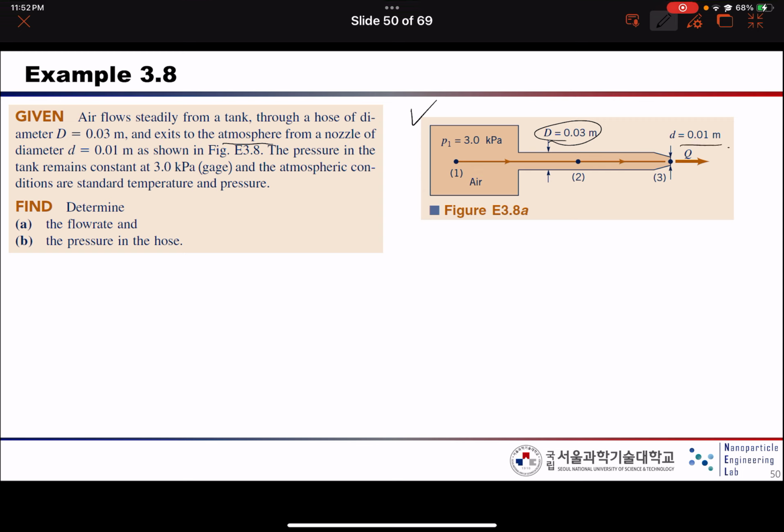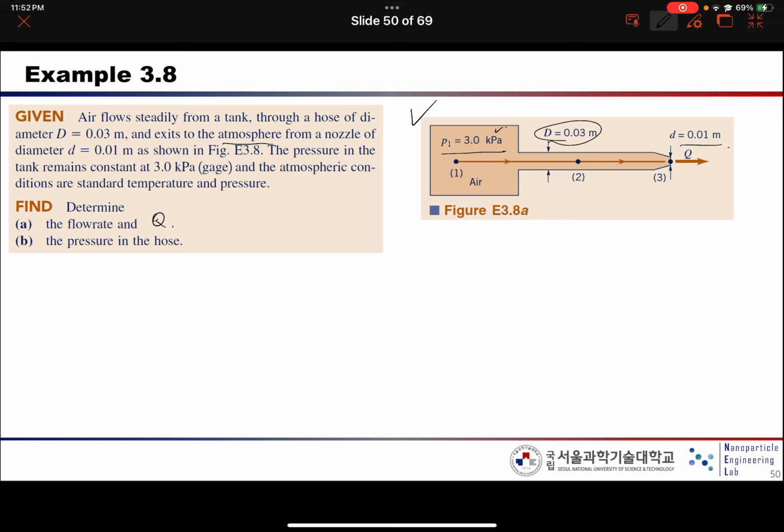Okay, the tank pressure remains 3 kilopascal. Also, this is the gauge pressure. Okay, that's good information. And the atmospheric condition is standard temperature and pressure. Okay, that's good. Determine the Q and determine the pressure in the hose.